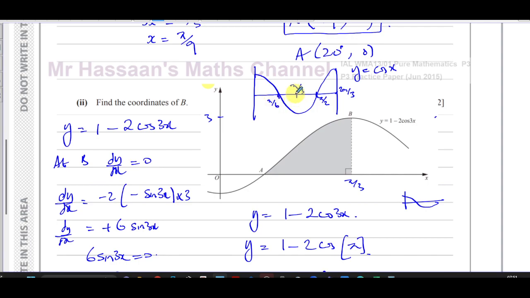This would normally be 180 degrees, it's now 180 divided by 3, which is 60 degrees, pi over 3. This would normally be 270 degrees, now it's 90 degrees. And this would normally be 360 degrees, but now it's 120 degrees. So in terms of pi, it's these values. That's y equals cosine of 3x.